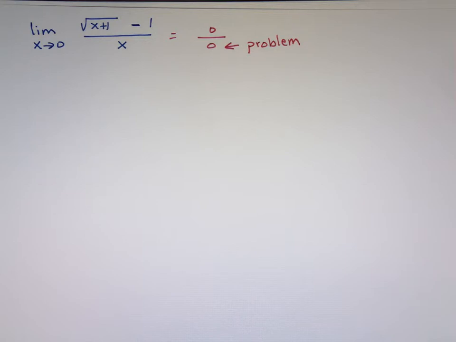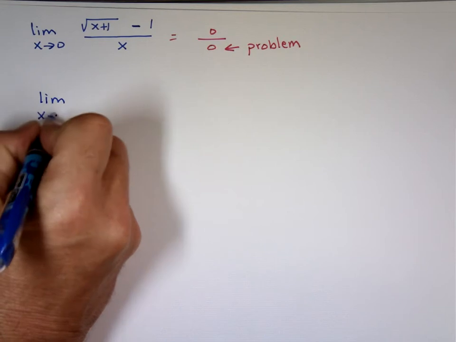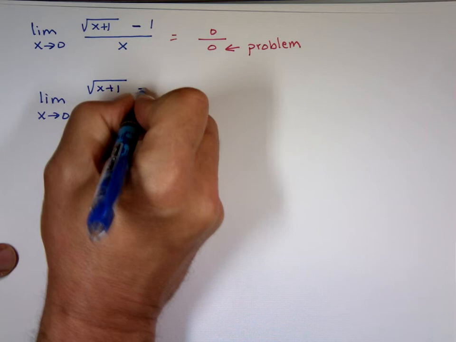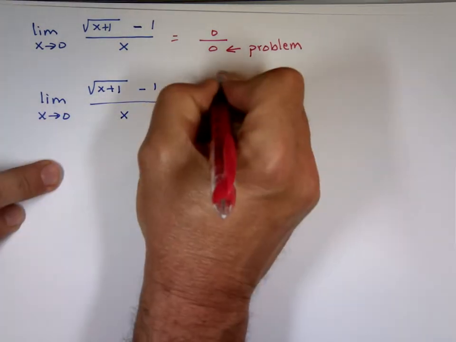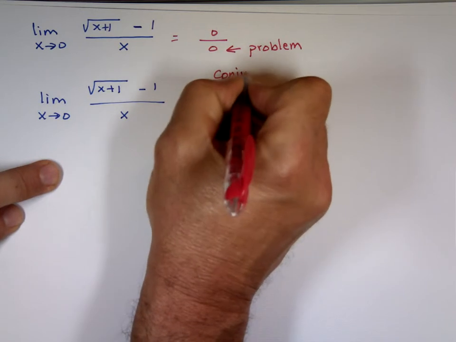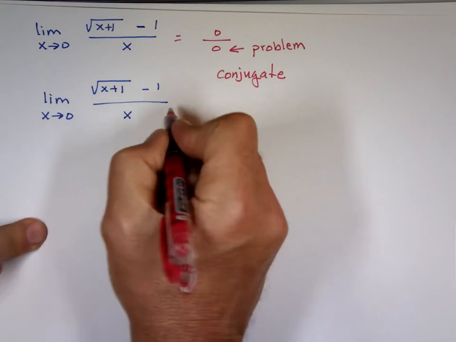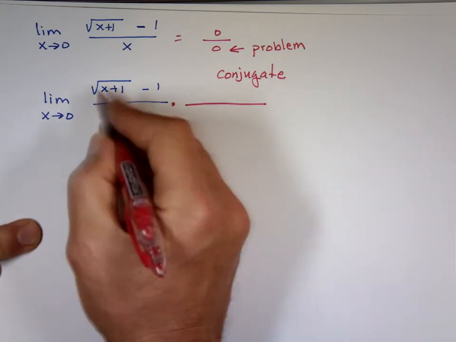With the square root, there's a name for that method. Conjugate. Very good. The conjugate, I'll spell it out in case you want to research it. You're going to multiply the top and the bottom by the same thing, which is the conjugate of this. And what's the conjugate of that?